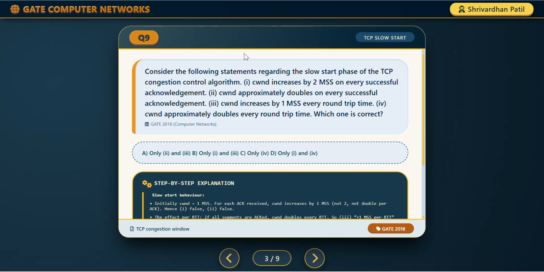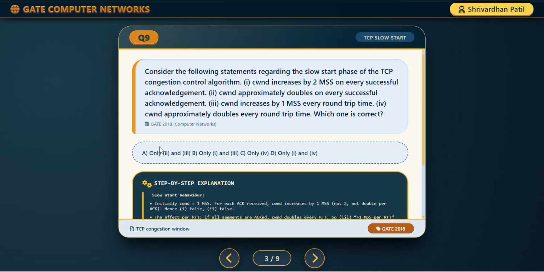Since many ACKs arrive in one RTT, the effective growth becomes exponential. As you all know, in the exponential graph, the growth is increasing exponentially. That means the window doubles every RTT.